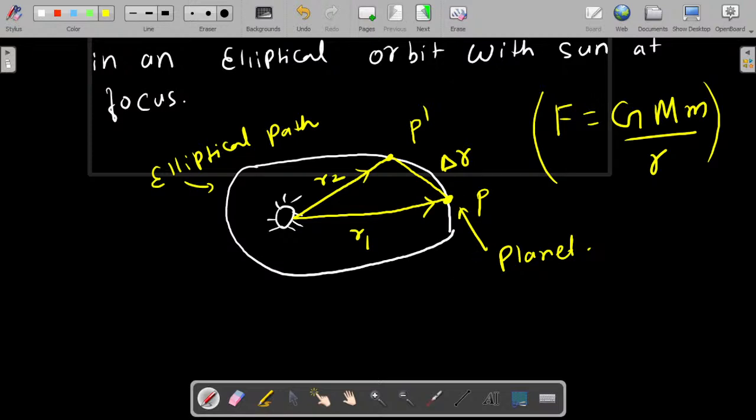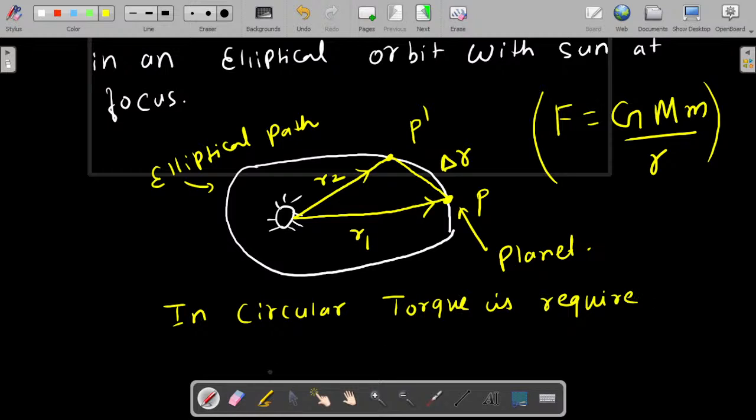Now since it is moving along a circular path, in circular motion we require torque. Write down, in circular motion torque is required. And torque is represented by tau.